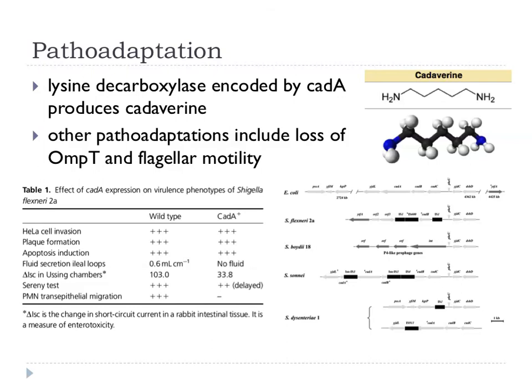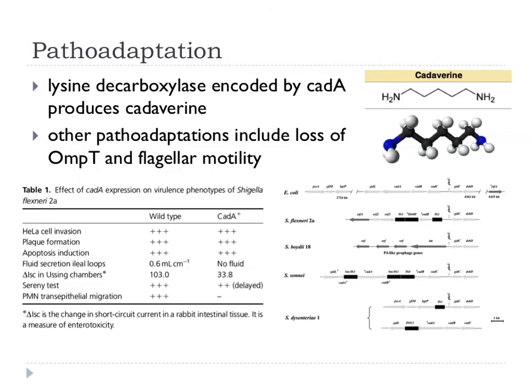This is from a paper where they tried to fathom this out, and they showed that the wild type, which doesn't have cadaverine, and the cadaverine-positive strains had various things that were just the same. So the Shigella cells could invade HeLa cells just as well, they could form plaques just as well, they could induce apoptosis just as well.